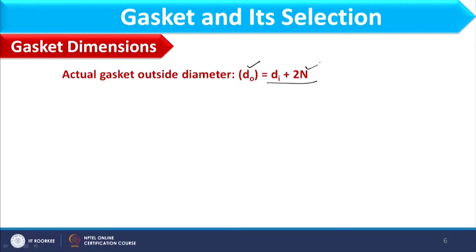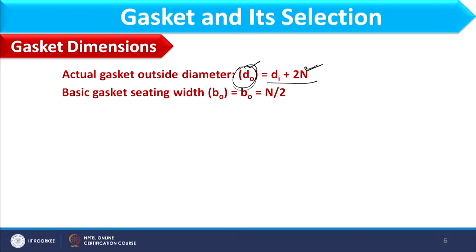I hope I am clear. So, this value of N will be compared with the width given in the table, and whichever is higher among these two, I have to take as N. So, N may differ from what we calculated in the last slide. Considering the new value of N, we have to calculate DO.